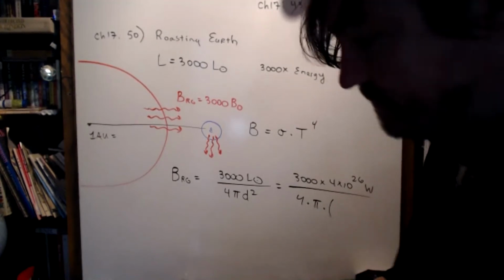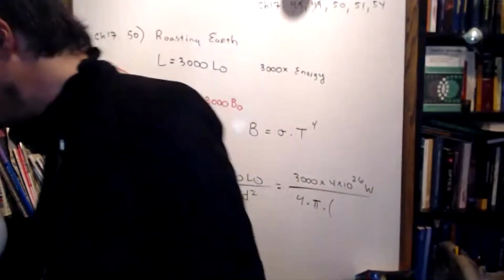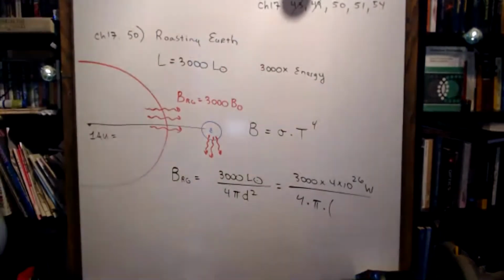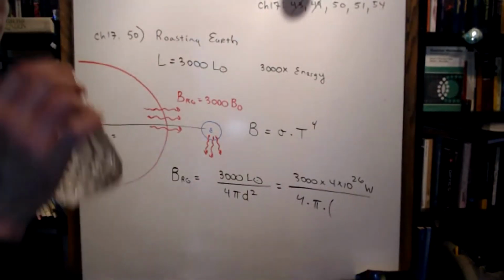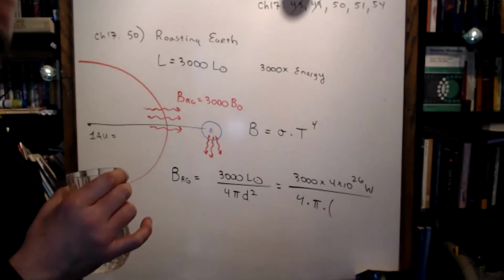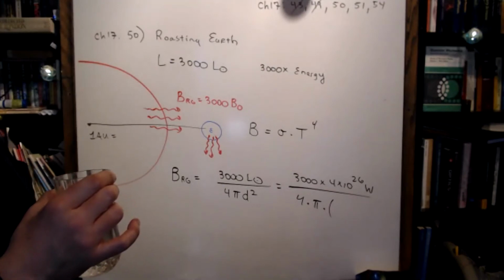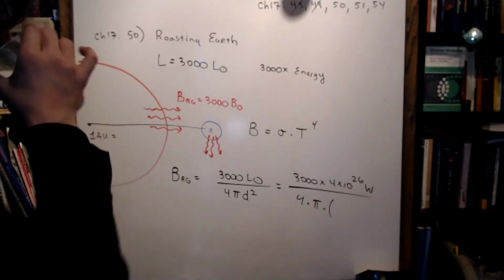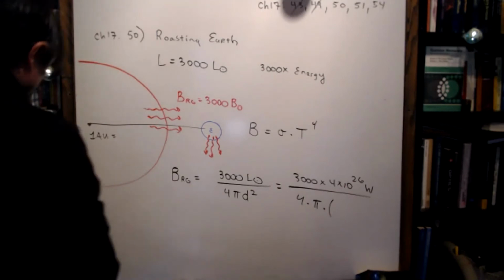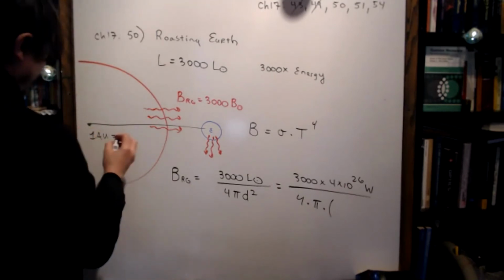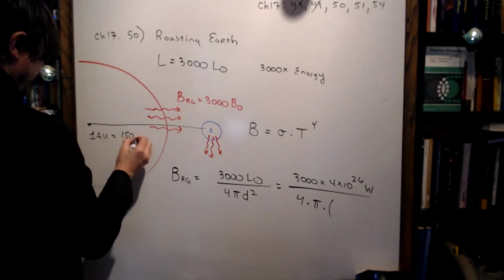Okay, look it up. 1.5 times 10 to the 8 kilometers in 1 AU. I prefer to write it as 150 million myself, but you're not wrong.